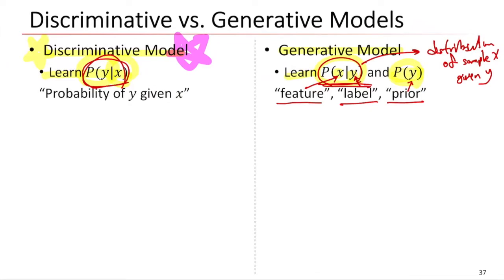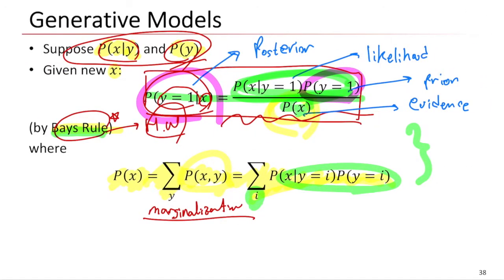In other words, in the generative model we learn the probability of the features given label y and the prior probability of y, and then with these two probabilities we finally estimate the probability of the label y given x.